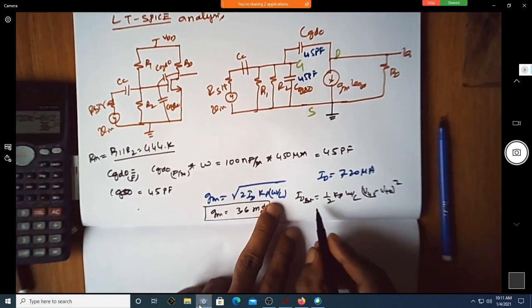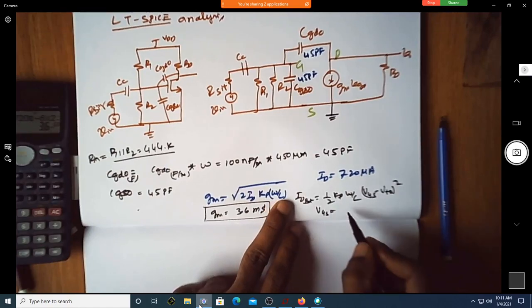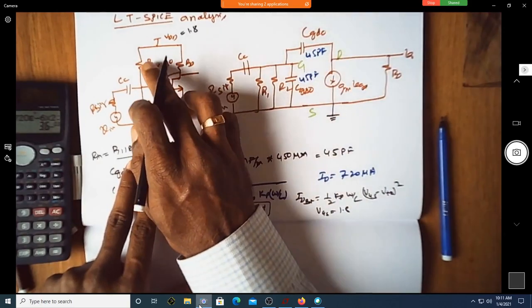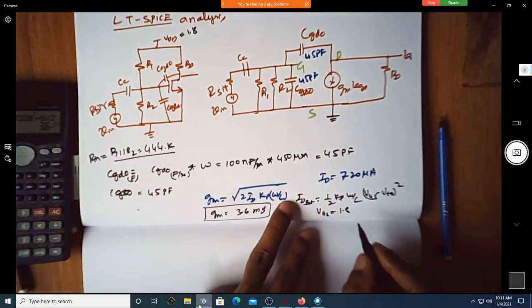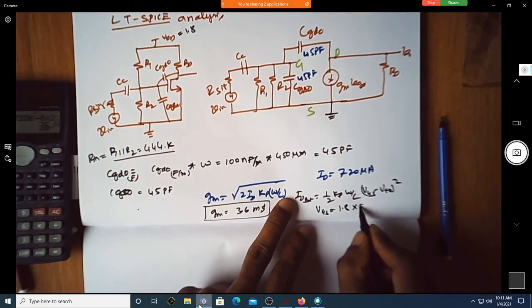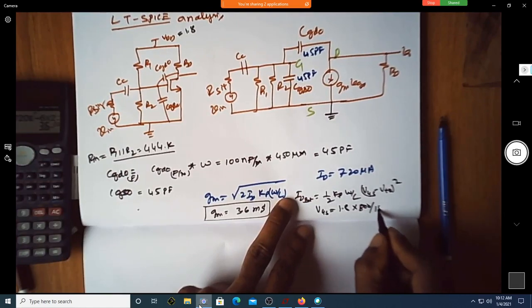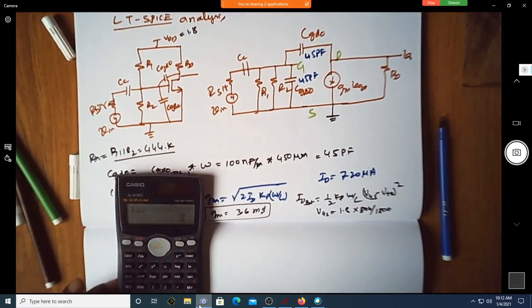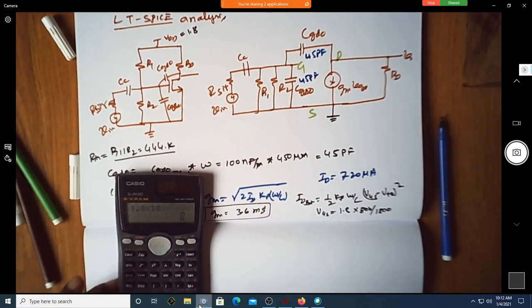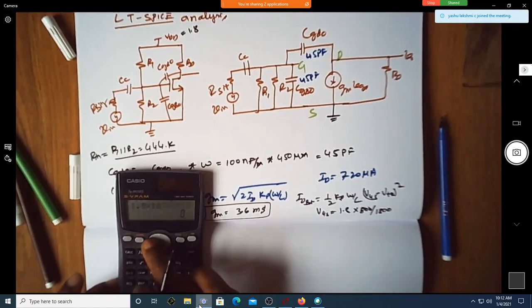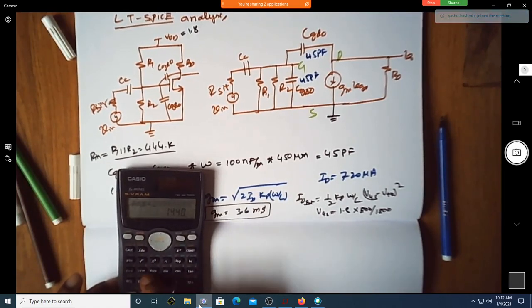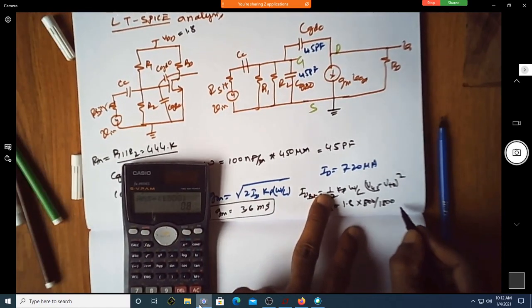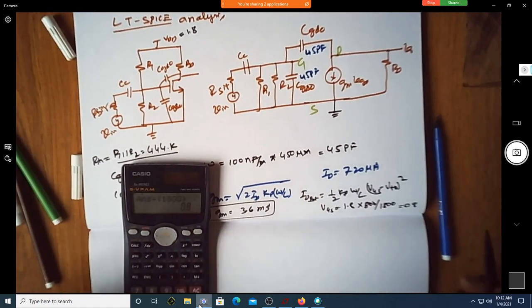How much is VGS, by the way? VGS is actually 1.8 times 800 divided by 1800, since this is 1000 and this is 800. Is it 0.8? It is 0.8 volt.